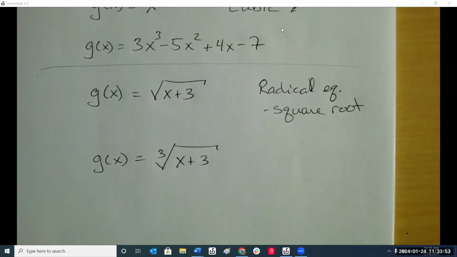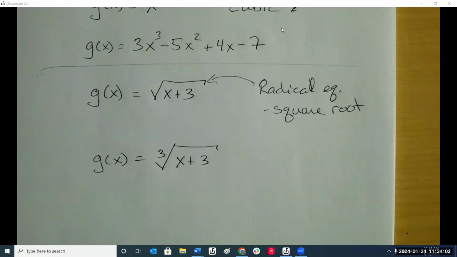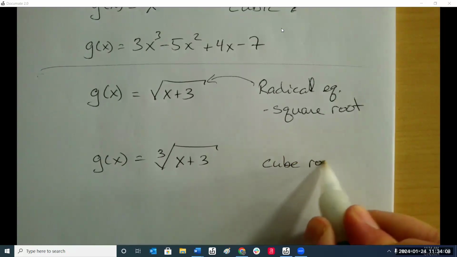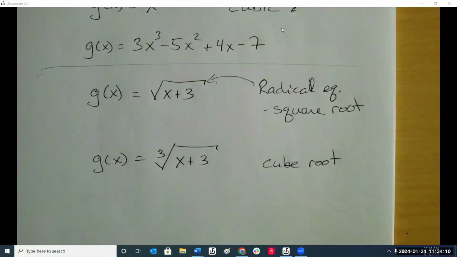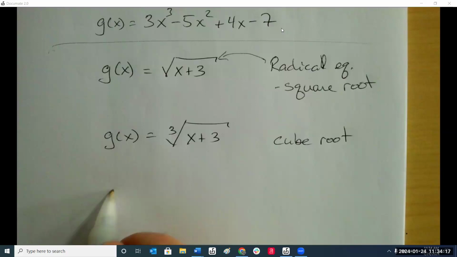What's that one called? It's also a radical. Radical simply means this little symbol's around it. This is a cube root. It gets its name. Okay, and I'll give another one.